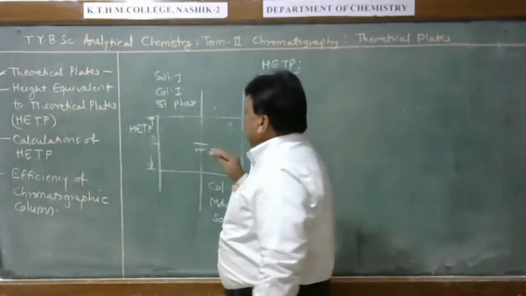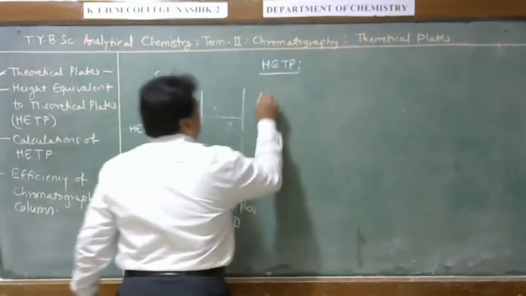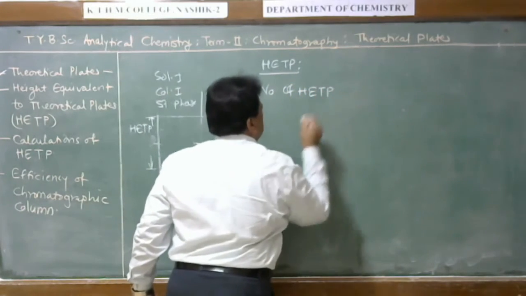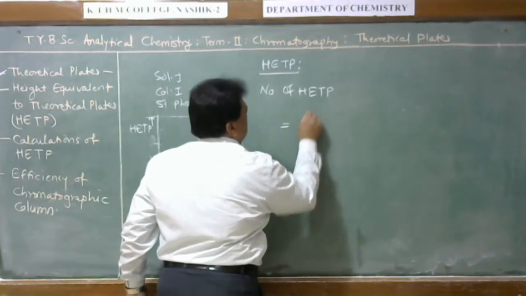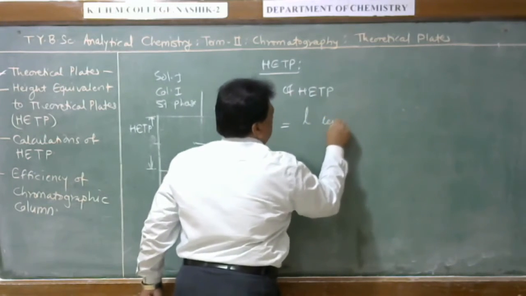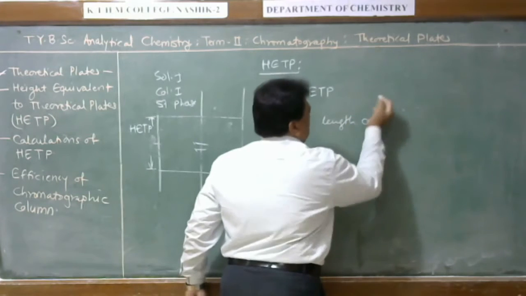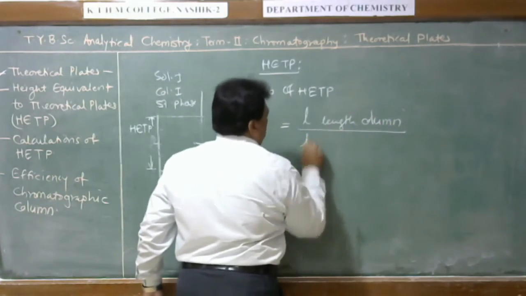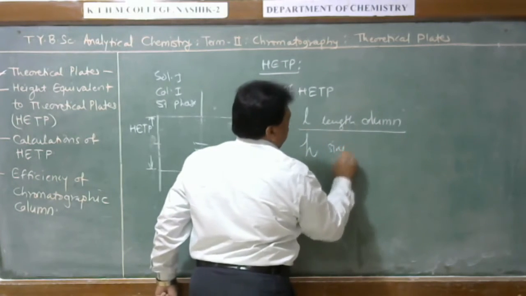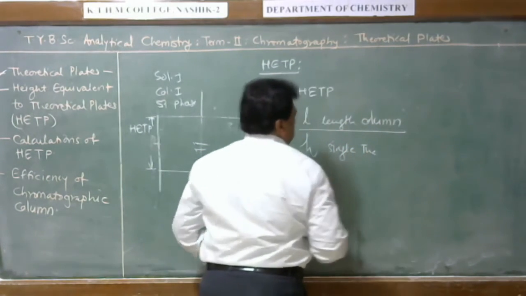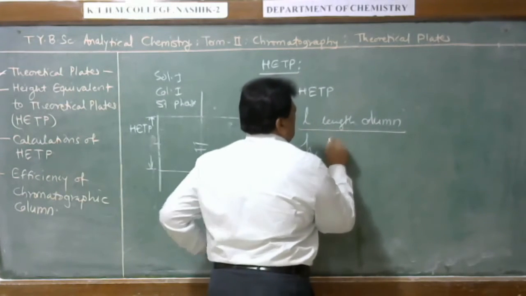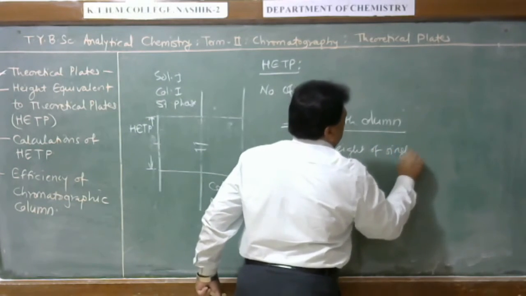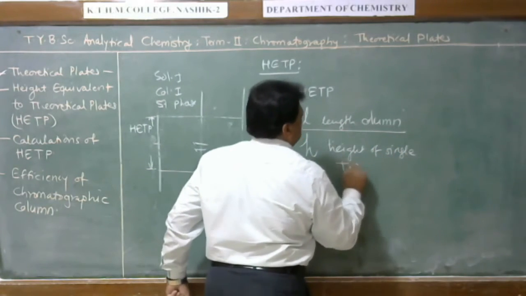Therefore, the number of theoretical plates can be determined by this formula. Here L is the length of the column upon the height of a single theoretical plate.